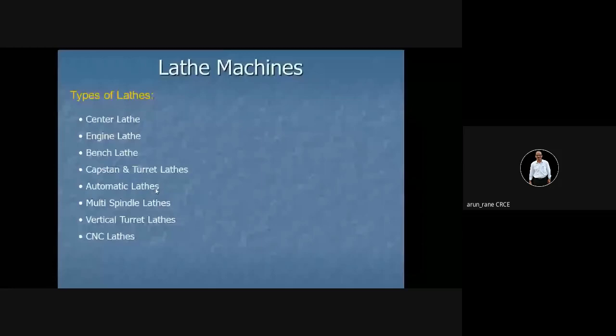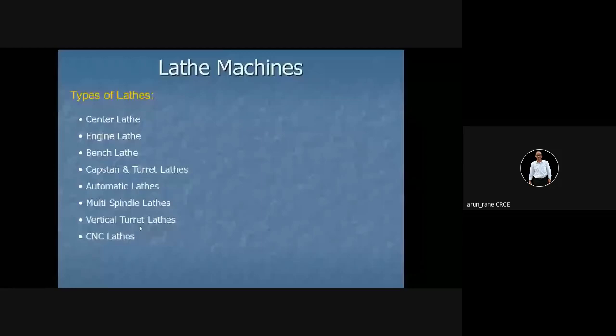Multi-spindle lathes have more than one spindle, so that's why they are called multi-spindle lathes. In the vertical turret lathe, so far what we have been seeing has a horizontal axis, but here the axis is vertical. And lastly, computerized numerical control lathes, the CNC lathes.